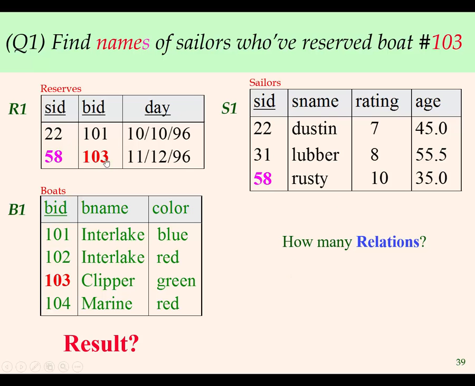The boat ID is in the reserves, and you want the name, so the relation list will be two relations, the sailors and the reserves. And the condition, of course, you have to join on SID, and also you have to have the condition that the BID is 103. So doing it by hand, this is the upper relation. It has one attribute, and the only one, so this is for SID 58, BID 103, the name is Rusty.